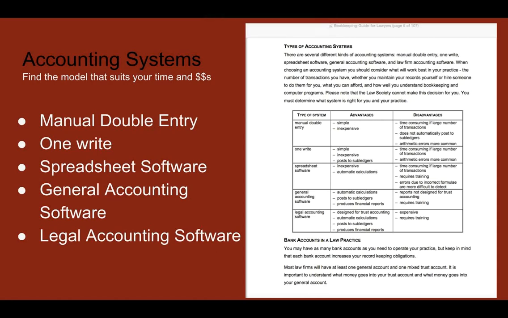That is where legal accounting software is required, and it is designed especially for trust accounting and automated calculations, posting into journals, ledgers, subledgers, and produces various reports including the fee book and Form 9As.